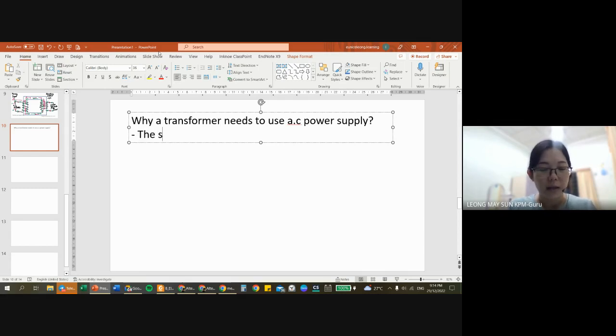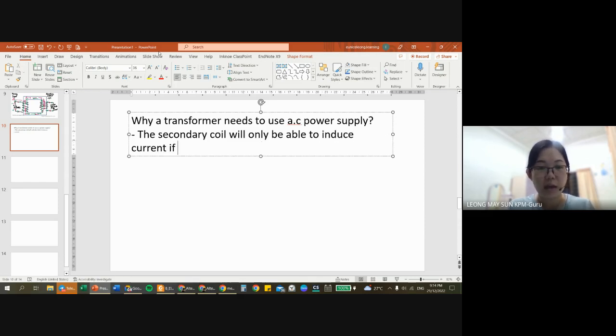The secondary coil will only be able to induce current if there is a change in magnetic flux created at the primary coil.